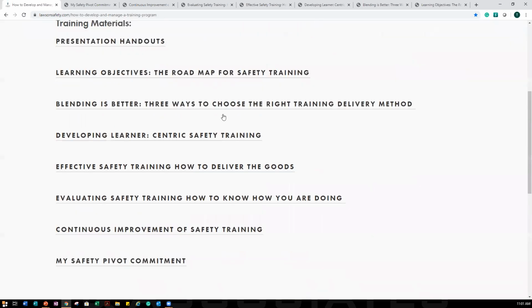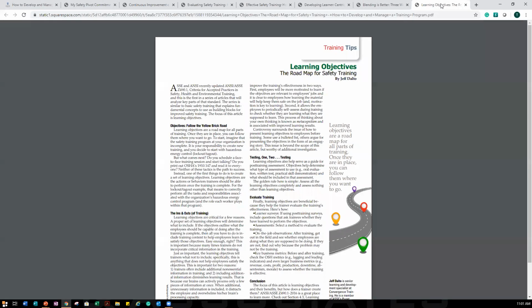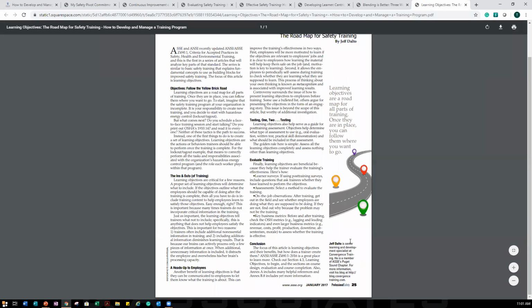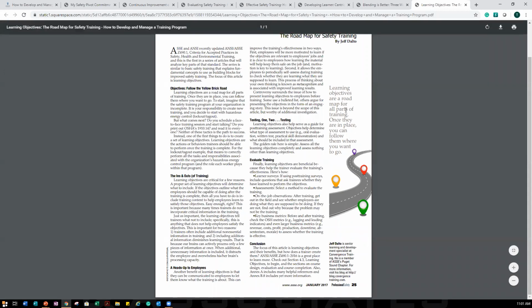There are several presentation handouts, starting with learning objectives. This is an article from Jeff Dalto, who's one of my favorite authors for safety and health training. He's a wonderful professional, and the Safety Journal has posted many of his articles. They're easy to read and very fundamentally sound.